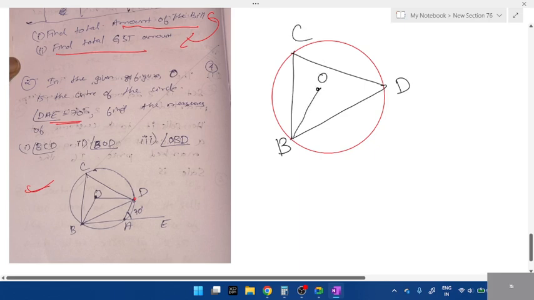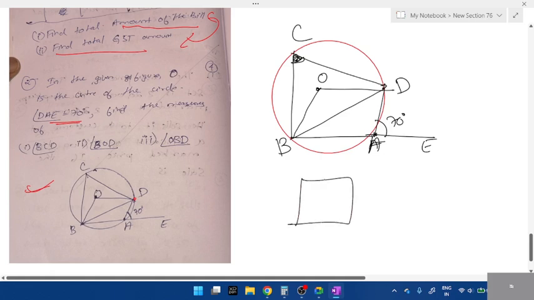O is the center, right? Okay, what is the external angle? Here I know that is angle DA. What is the external angle equal to?